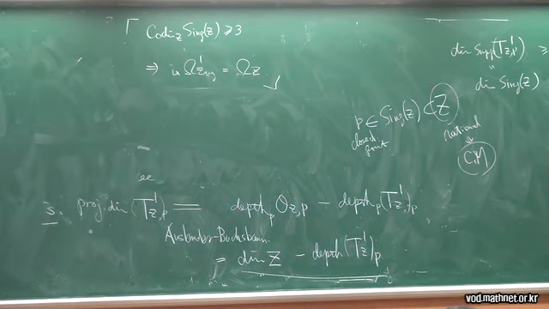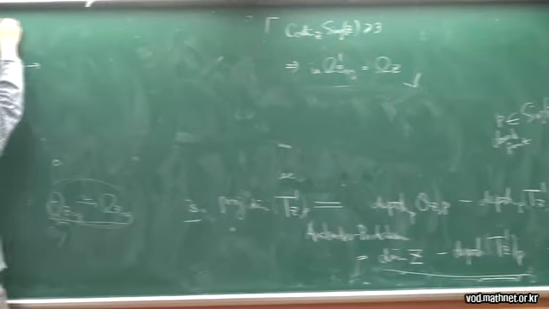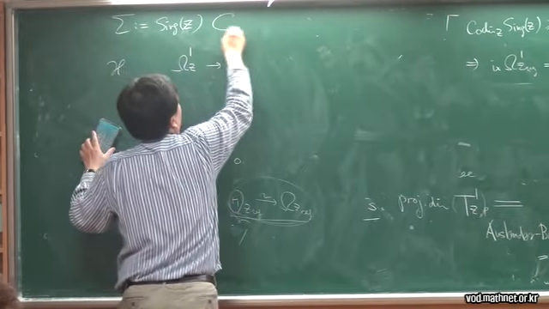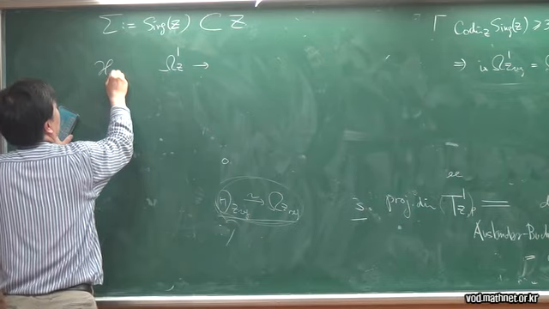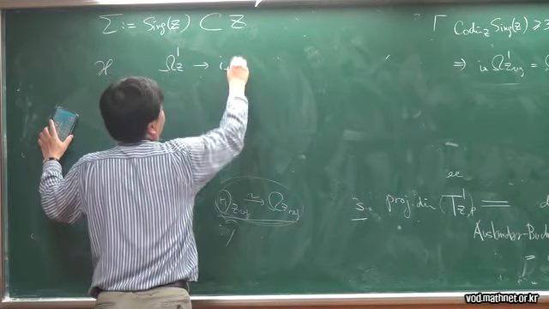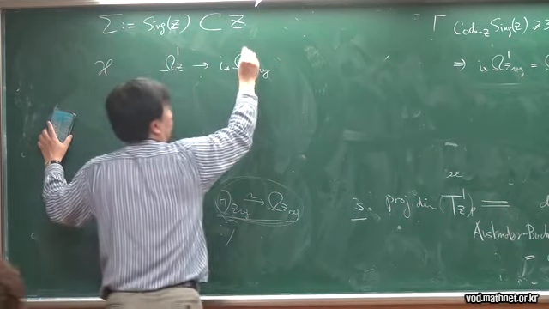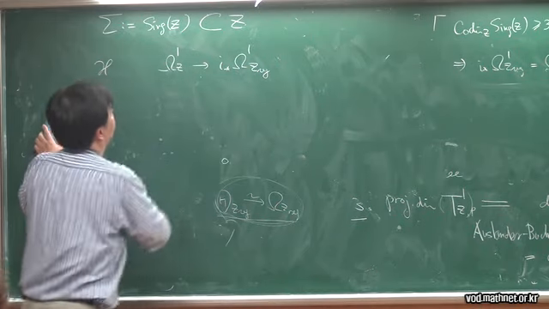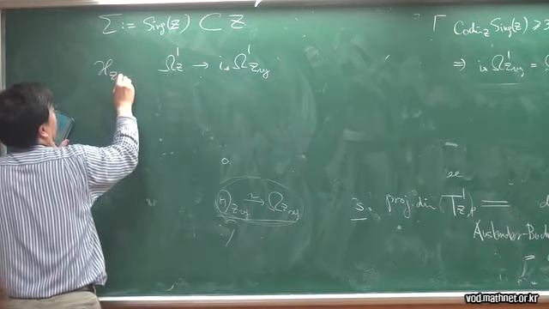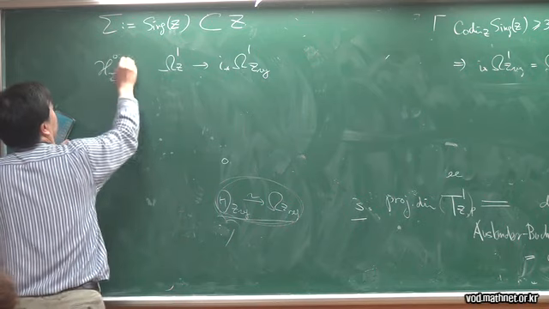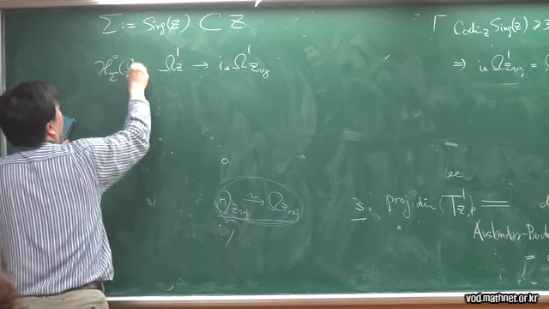For simplicity, we put sigma to be the singular locus of Z. So we have a natural map from O_Z to the pushforward of O_Z-regular, and the kernel is nothing but H^1 of omega_Z.